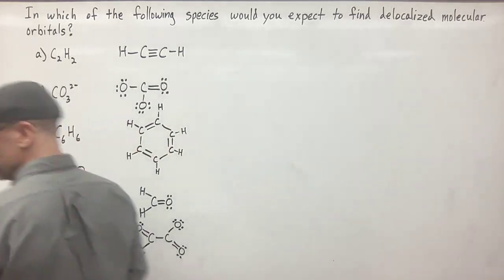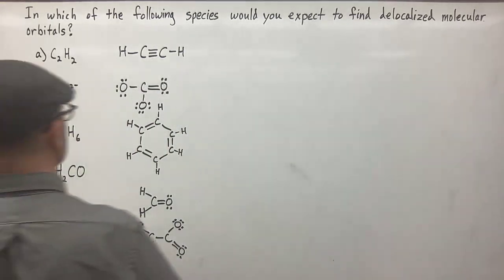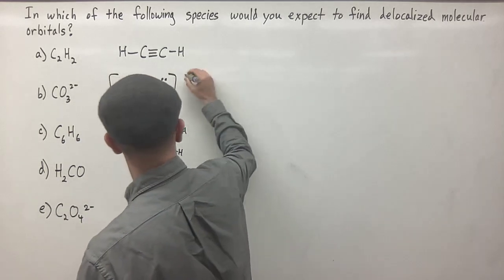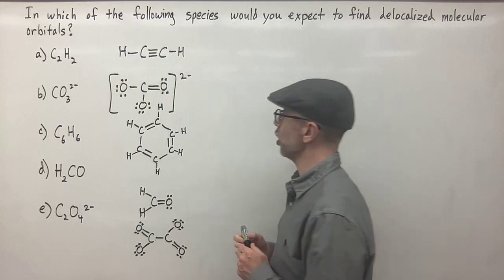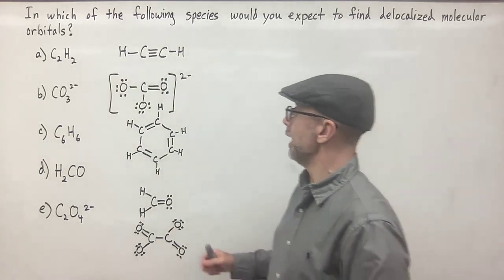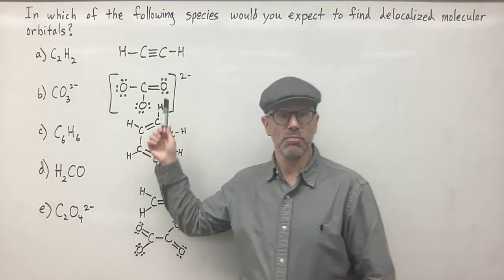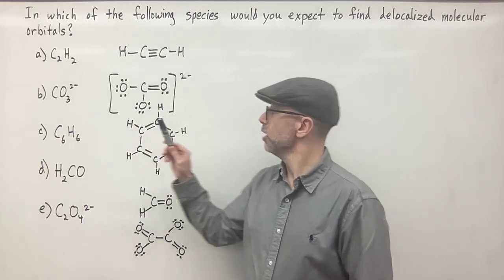Oops, I forgot to put the square brackets for the ion, like so. And so you can see here that you can move the double bond around, right?